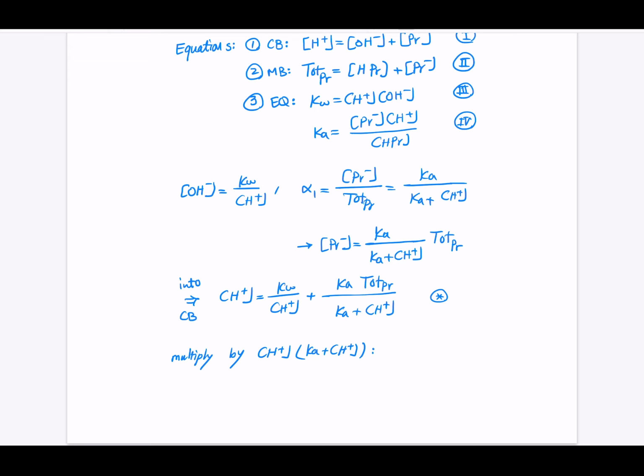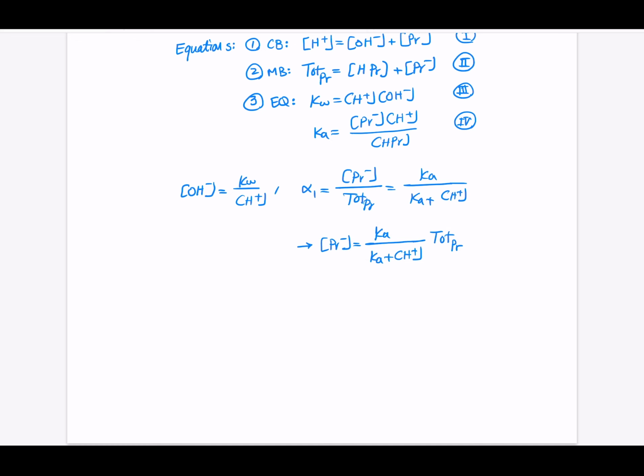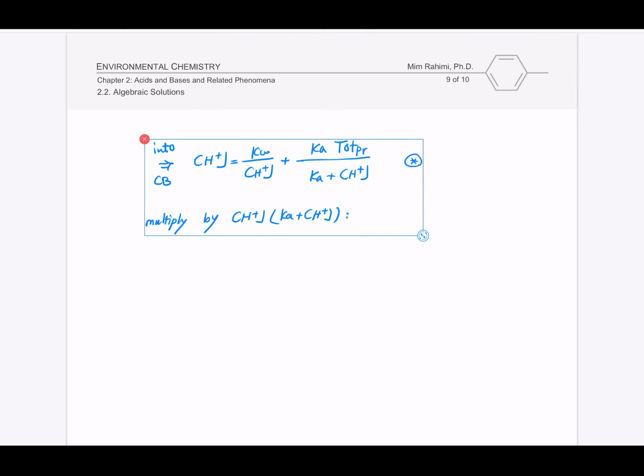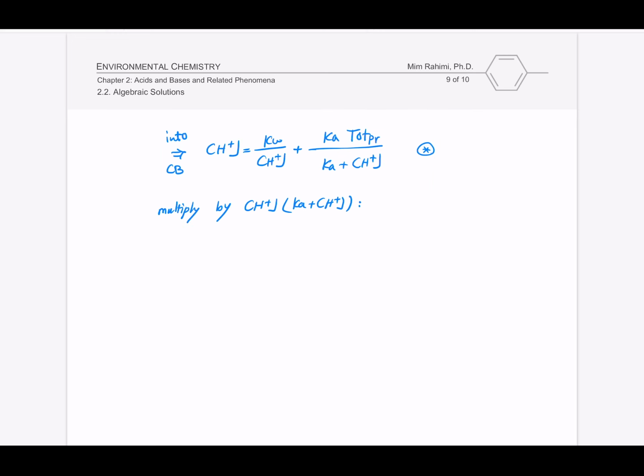You know what? Let's take this to the next page. So we need to use this. And if we do that, then we eventually get to this cubic equation.